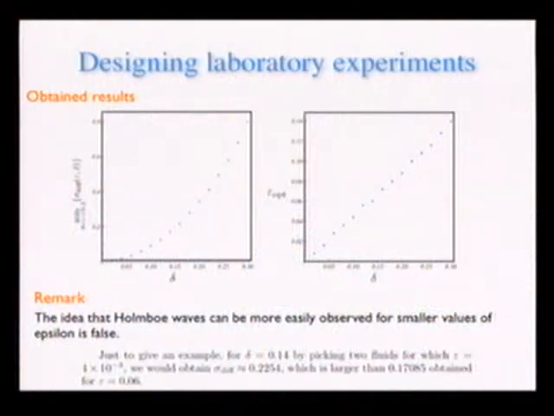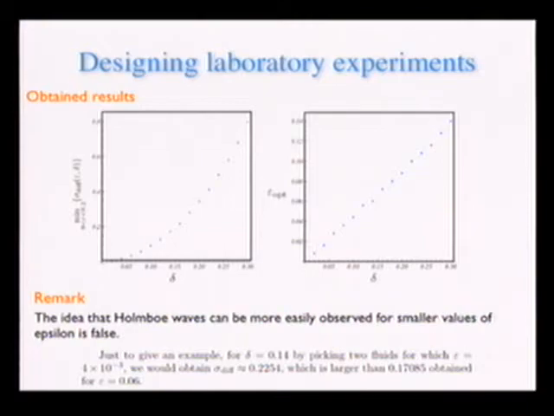This is something that we haven't found in the literature before, and we actually tried to push this in order to design lab experiments. For example, if I knew already that my delta will be 0.15, what will be my two best fluids to use? Because in order to fit into the Holmboe case, people have been using very, very small epsilon. But this shows that it's not exactly the case.